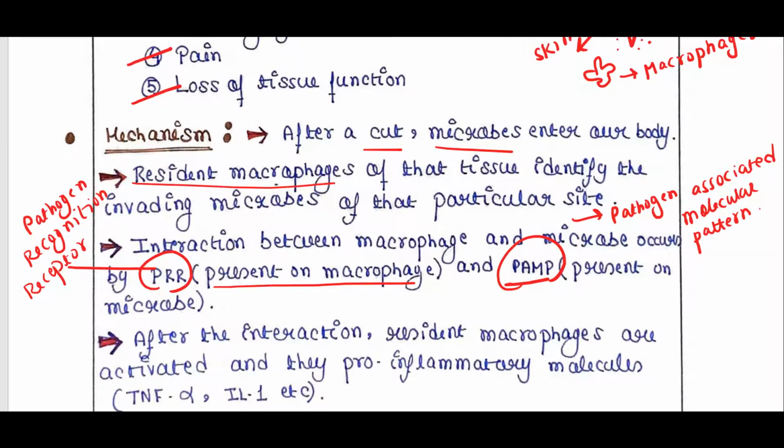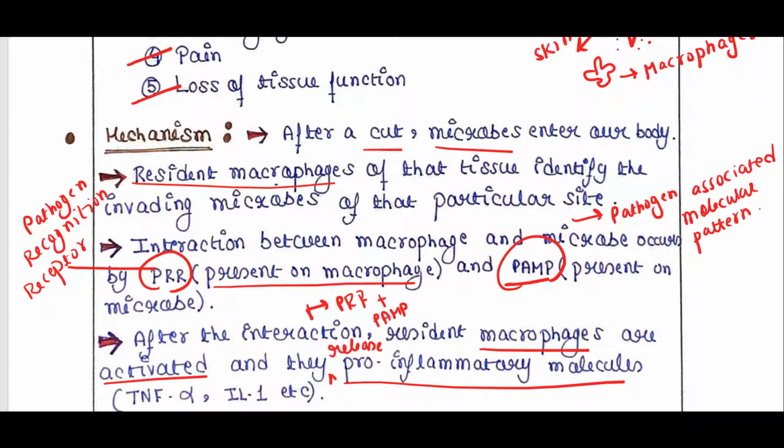After the interaction, resident macrophages are activated. So when the interaction occurs between PRR and PAM, or you can say between macrophages and microbes, then the resident macrophages of the particular tissue will be activated and they will release some pro-inflammatory molecules.